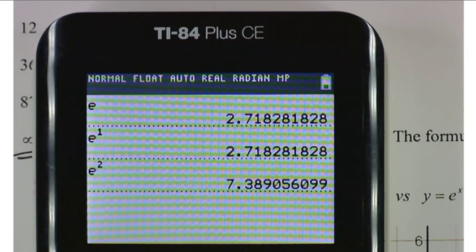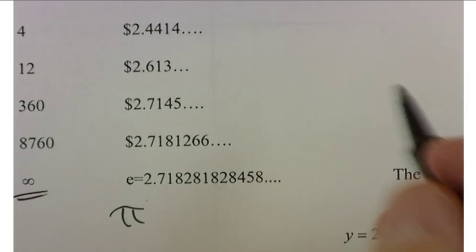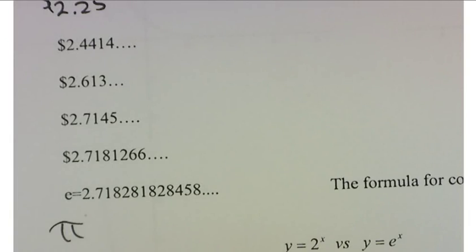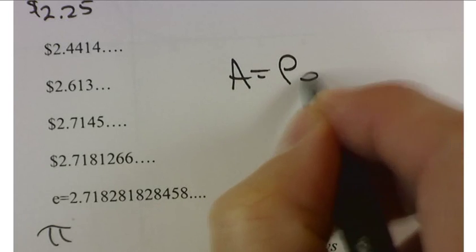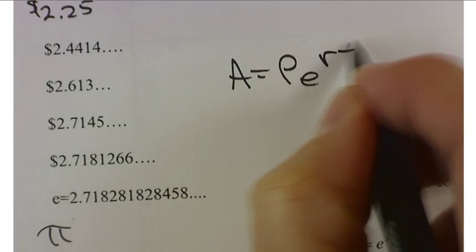Because e, boy, e is a special number. Comes up in a ton of places. And it occurred naturally first in working with compound interest. So if you're going to compound interest continuously, then we've got a different formula. You might have noticed it on your exam. It wasn't a problem that I assigned on the exam, but I had the formula there. A equals P e to the RT.